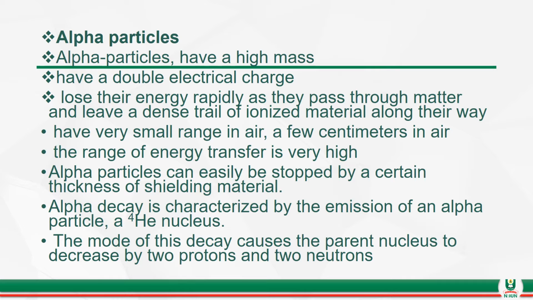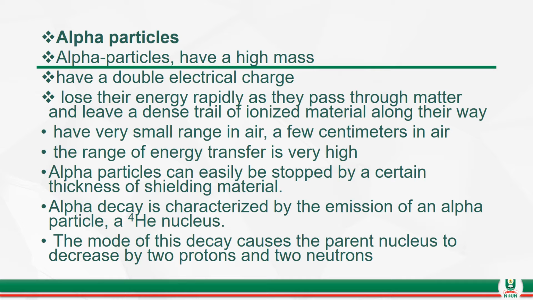Alpha particles, therefore, have a very small range in air, a few centimeters. The range of alpha particles is short because the rate of energy transfer is very high. Alpha particles can easily be stopped by a certain thickness of shielding material.